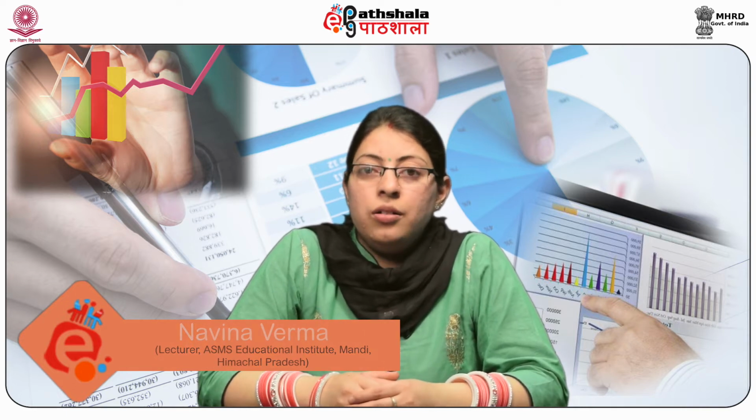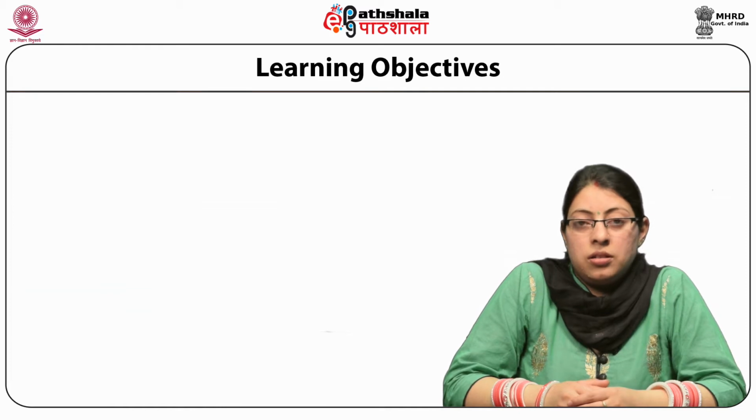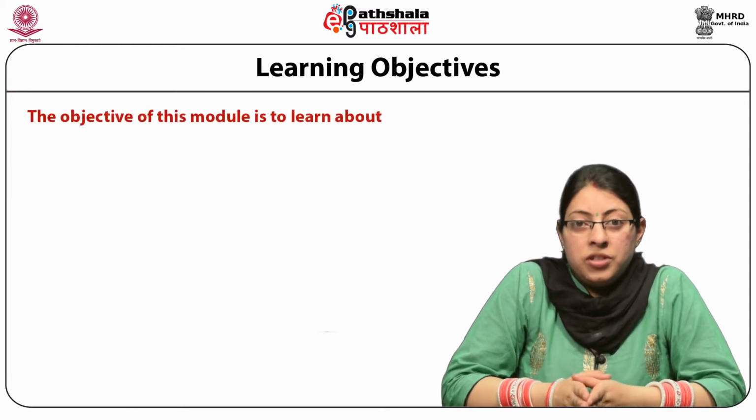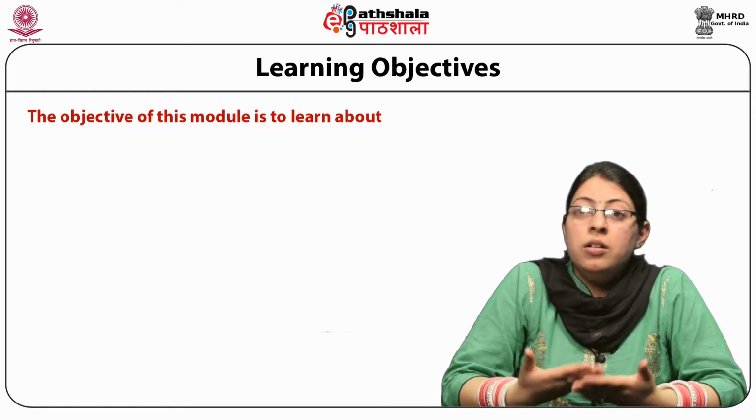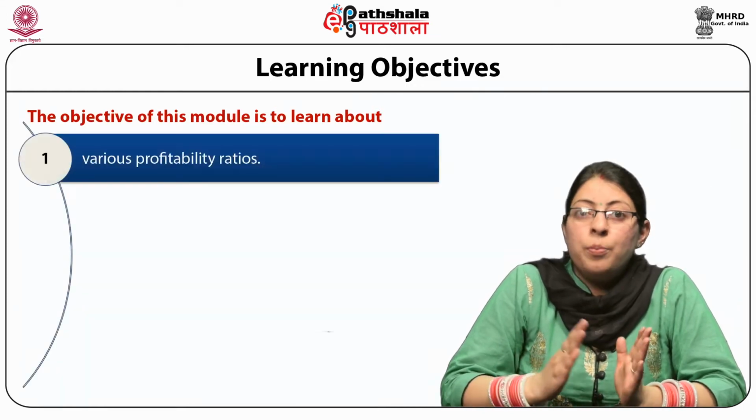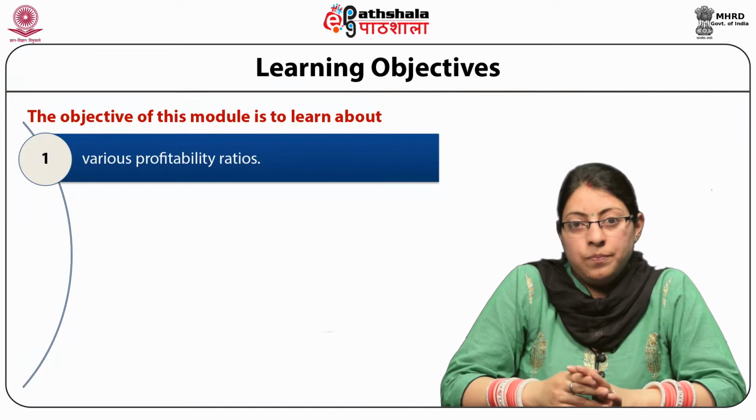Today we are going to talk about the module on profitability ratios, overall profitability ratios, from the paper Accounting and Finance. Learning objectives. The objective of this module is to learn about various profitability ratios.